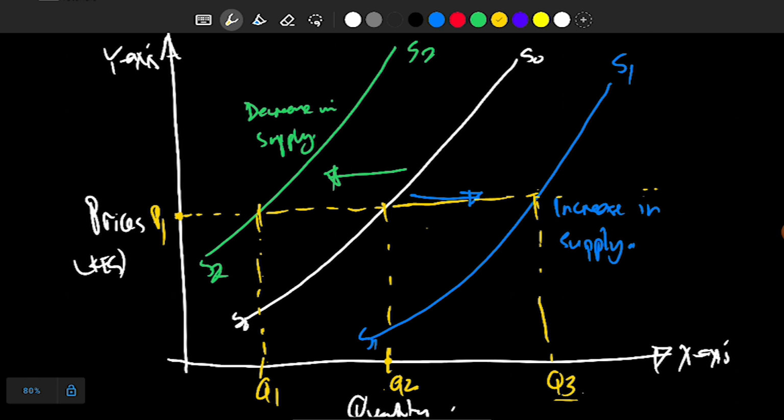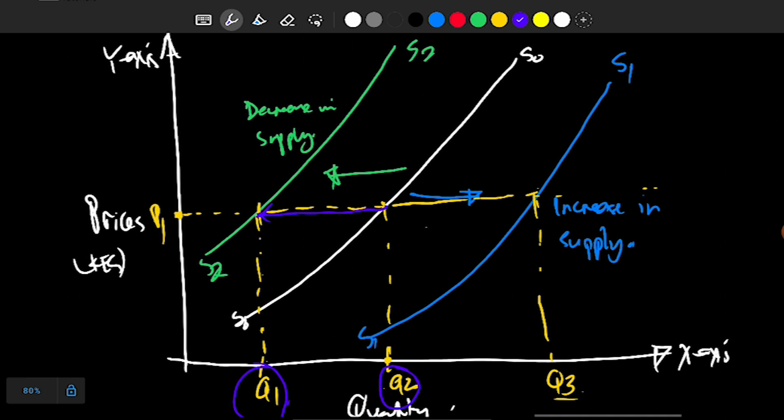Then look at a change from S0 to S2, this green curve illustrated here. What you notice is that at the same price our quantity has reduced from Q2 to Q1. Basically, it's this movement from the original curve towards the left, which shows a decrease in supply. And that's it.